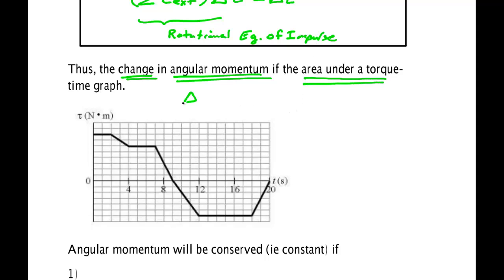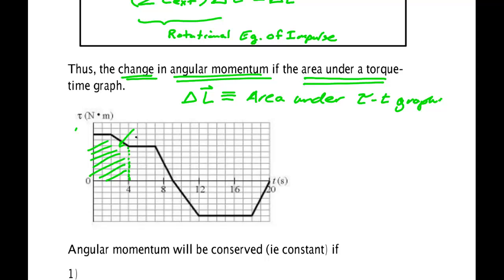So delta L is the area under the torque time graph. If you have a graph like this and you wanted to find the change in angular momentum out to here, then you're looking for this area. That's delta L from t equals 0 to t equals 4.